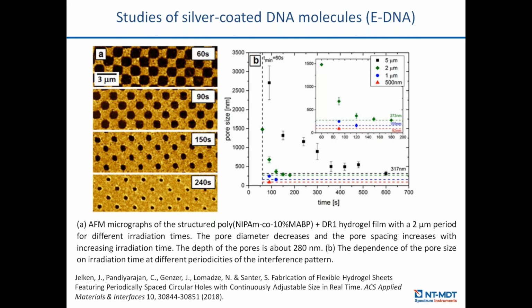On this particular image, you can see consecutive AFM scans of this film after ultraviolet irradiation, and it was shown that the sizes of holes in this film could change along the length of the irradiation, decreasing from micrometer scale to nanometer scale.